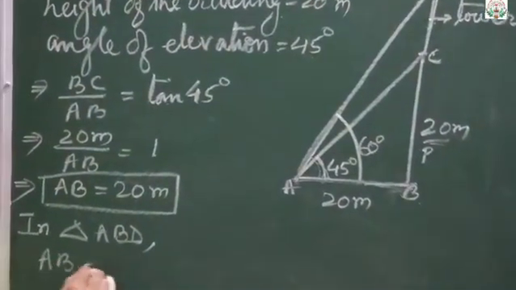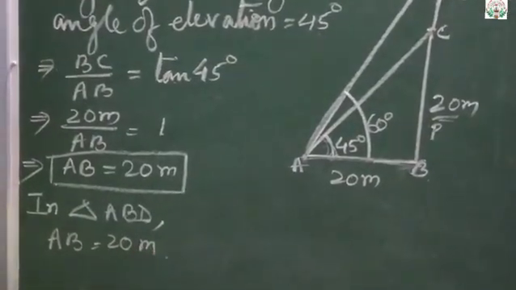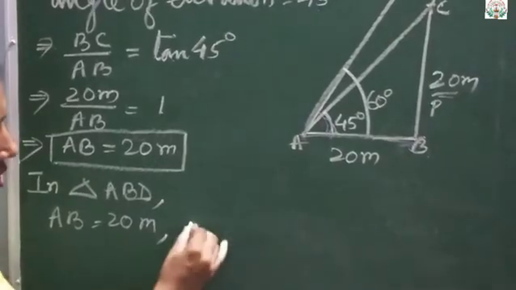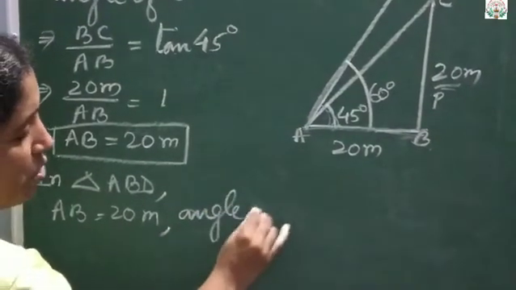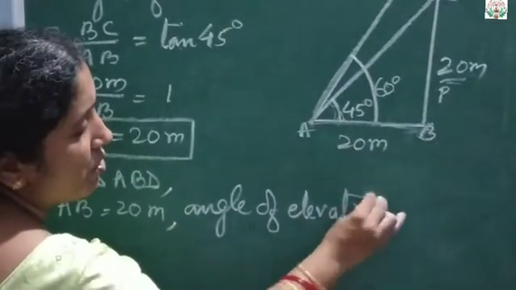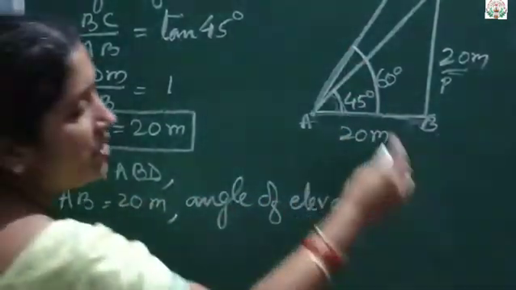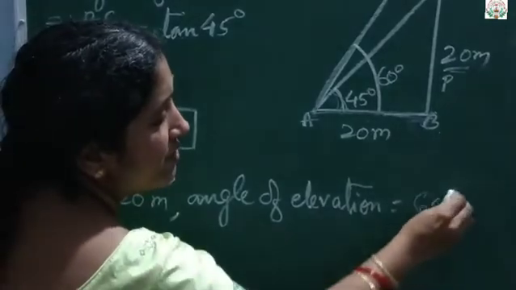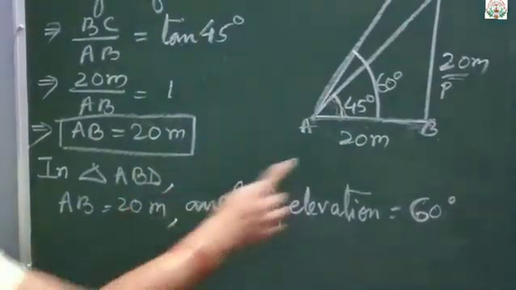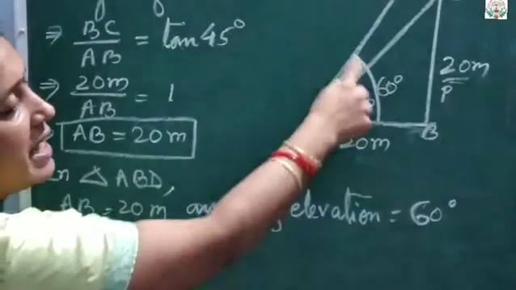AB equals 20 meter. And the angle of elevation for the tower is 60 degrees. Now the base is known to us and the angle is known to us.